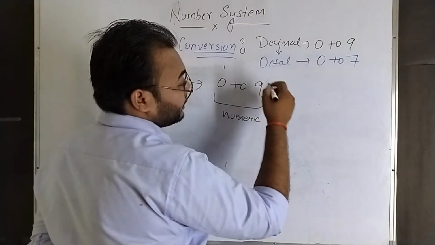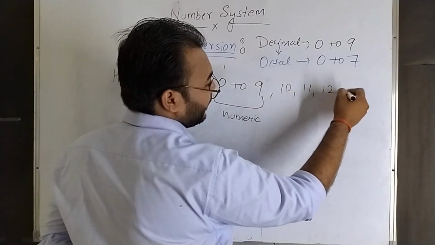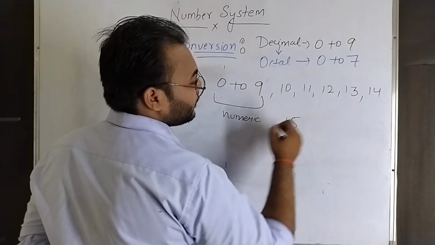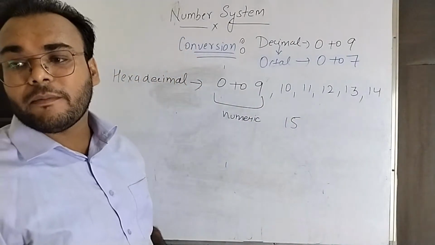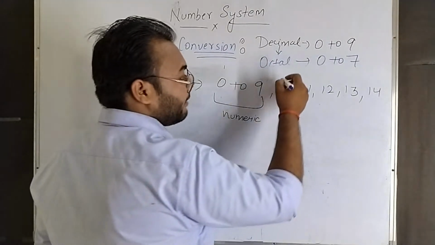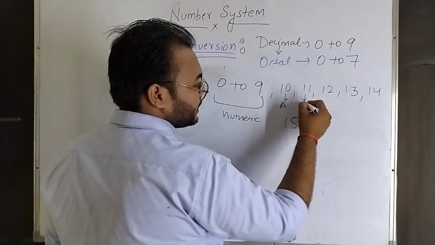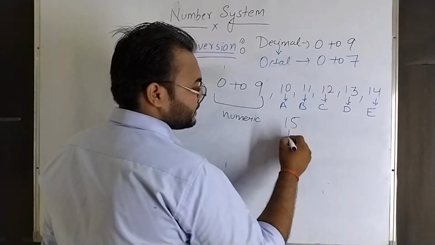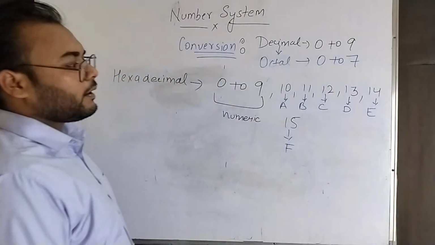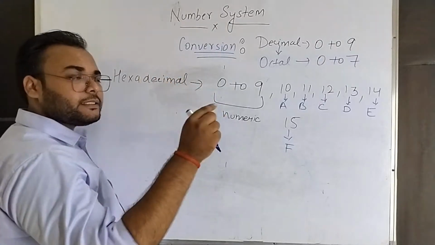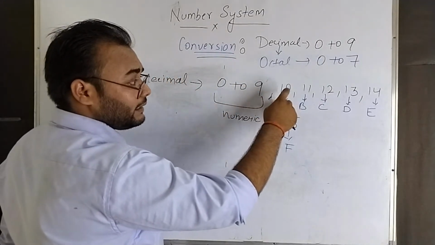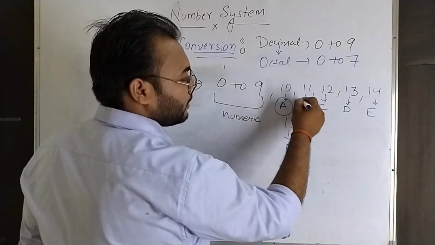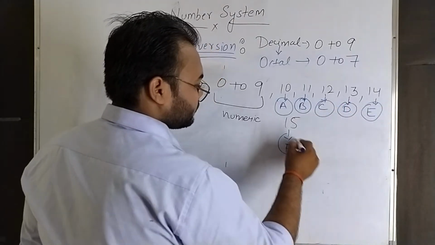And if the number is 10, 11, 12, 13, 14, or 15, we give alphabets: A, B, C, D, E, and F. So we use digits 0 to 9, and then 10 to 15 are represented by the alphabets A, B, C, D till F.